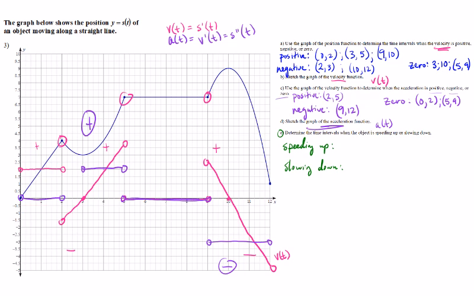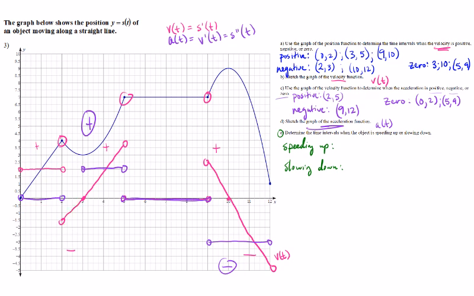All right. So in a place like this, it's neither going towards 0 nor away from 0. So this is actually neither speeding up nor slowing down. And it doesn't say to list neither, so you don't have to put those in there. Just leave those out. And then here, I'm going towards 0, right? As I go from left to right, this line is going towards 0.